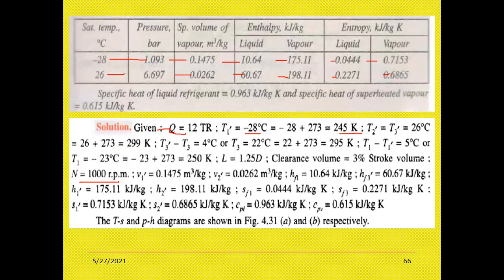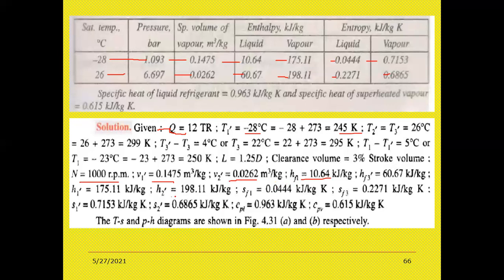The speed is equal to 1000 rpm, and v1 dash is equal to 0.1475 meter cube per kg. V2 dash is equal to 0.0262, hf1 is equal to 10.64, hf3 dash is equal to 60.67, hf1 is equal to 175, and h2 is equal to 198.11.